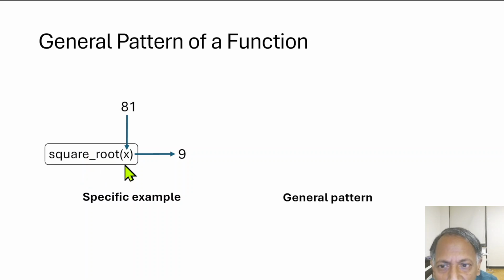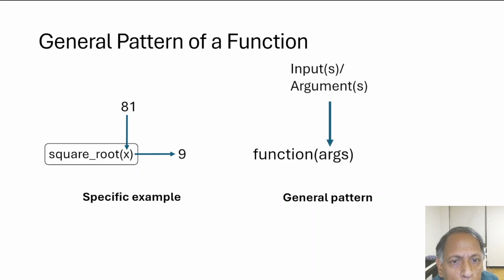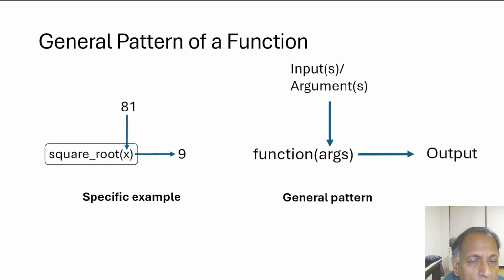That's a specific example. The general notion of a function is you have a function and you supply it some input arguments. It doesn't have to be only one argument, as in this example, which had only one argument, but a function could have many arguments and it produces some output, which is the return value.